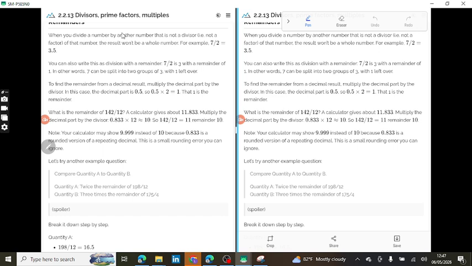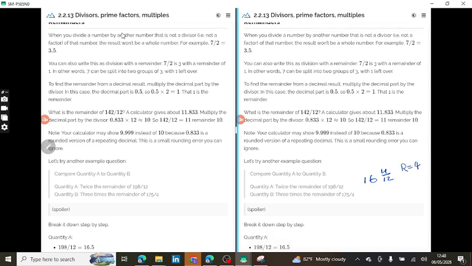Okay, 16 times 12. 198 divided by 12 is 16 whole number 4 over 12. So the remainder here is 4, right?